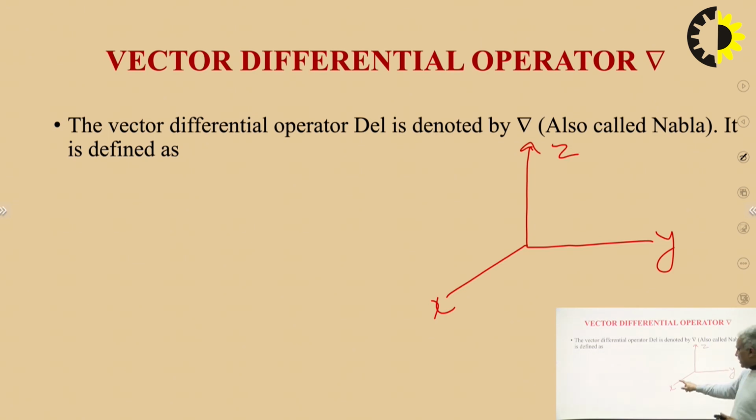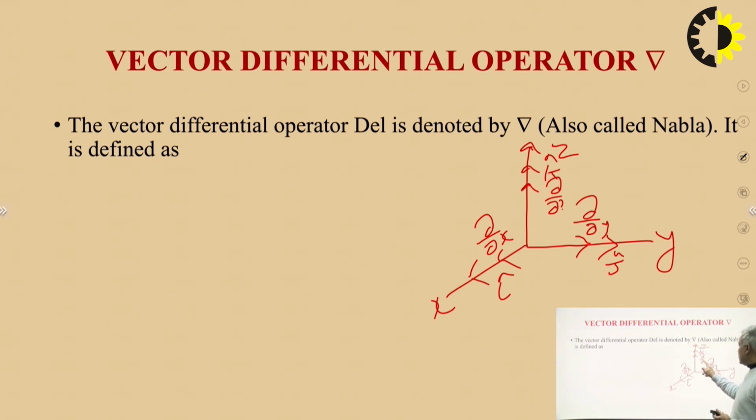In the direction of the x-axis we use i cap, in the direction of y we use j cap, and in the direction of z we use k cap. Movement along the x-axis is denoted by del over del x, along the y-axis by del over del y, and along the z-axis by del over del z.